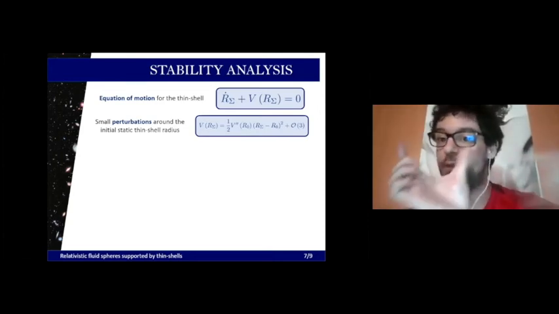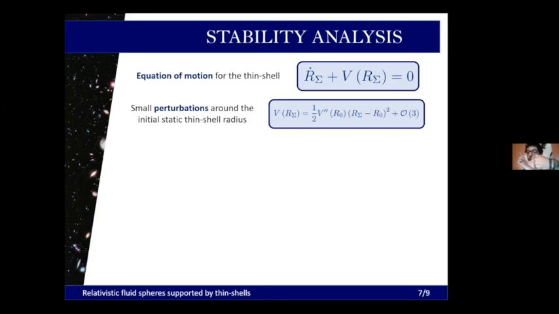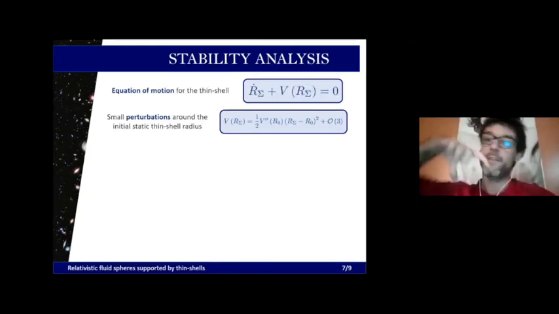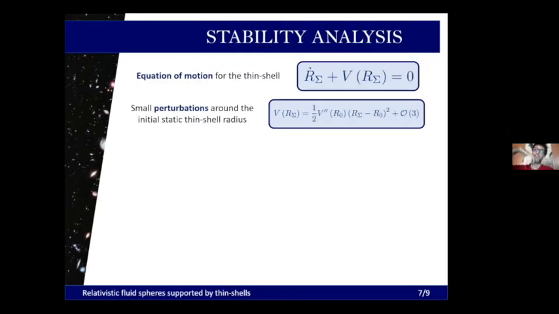If the potential has positive concavity, the object or the pendulum, whatever, will start oscillating around the minimum. If the potential has a negative concavity and you move the point from the equilibrium point a little bit to the left or to the right, it just falls off the potential. So this is what you have to do. You have to compute the potential and check if the potential near the equilibrium point has a positive or negative concavity. This will tell you if the solution is stable or unstable against these radial perturbations.